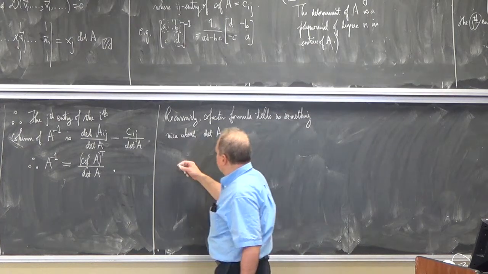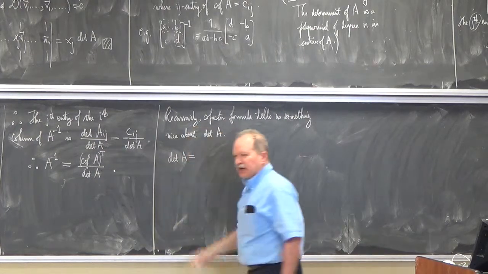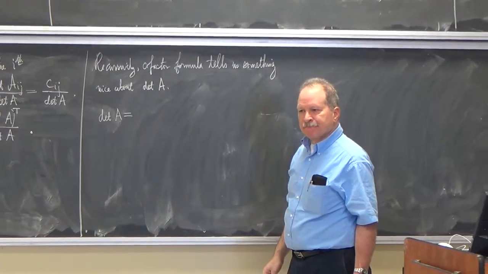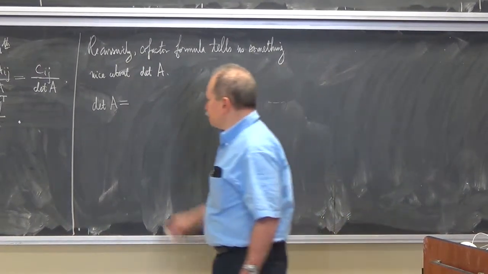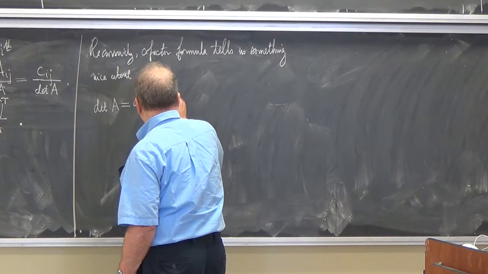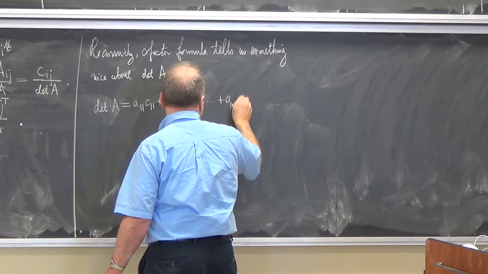So we've said that you can compute the determinant, for example, by expanding in cofactors on the first row. So you would have, for example, A11 C11 plus A12 C12 up to A1n C1n.